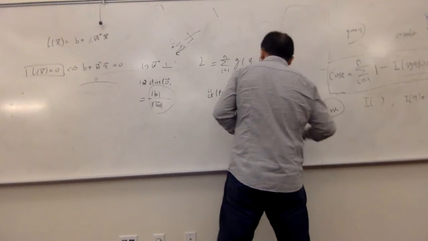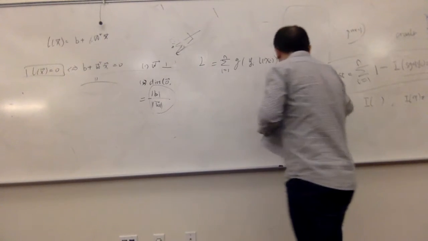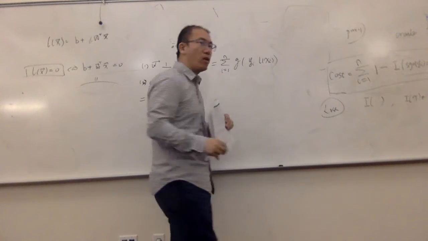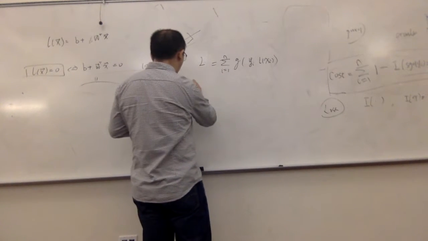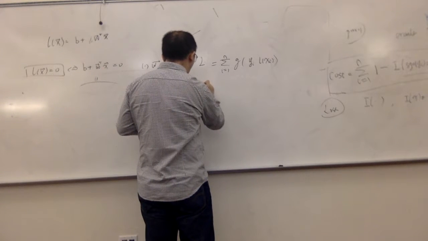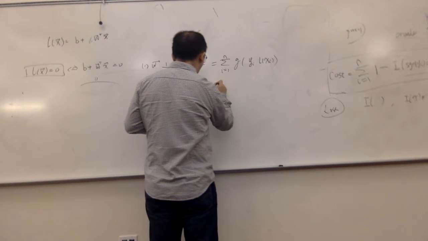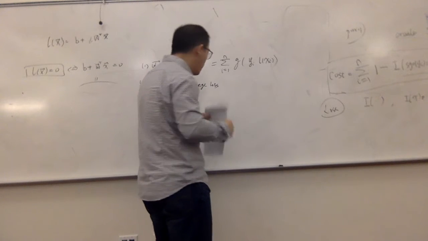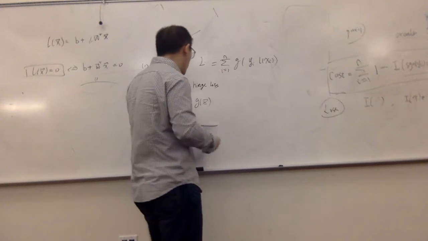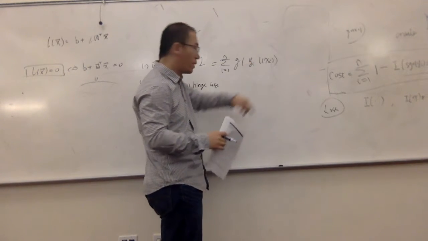So now let me introduce a few very commonly used losses. The first one is called hinge loss. So what is hinge loss? Hinge loss is defined as follows. Here Z indicates this product.